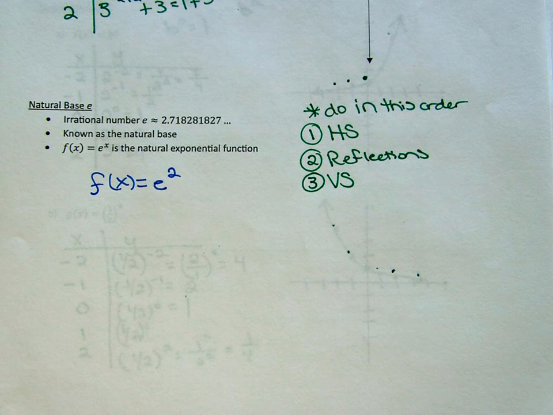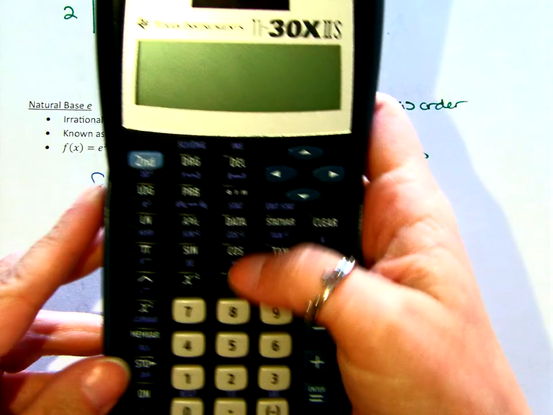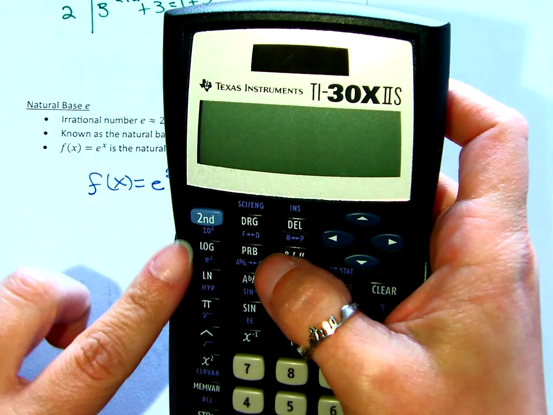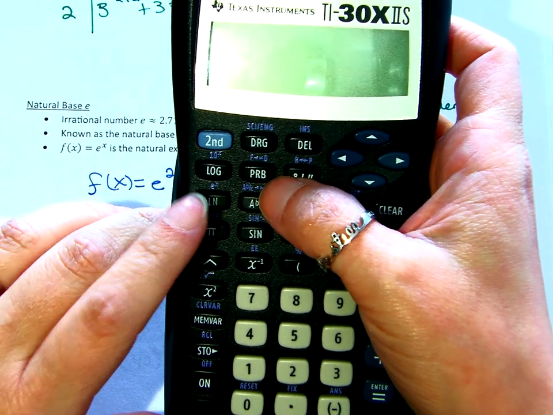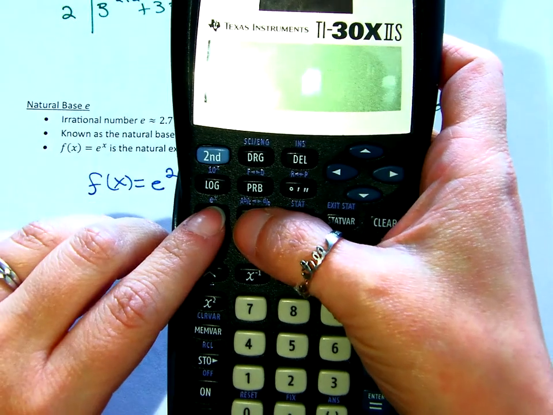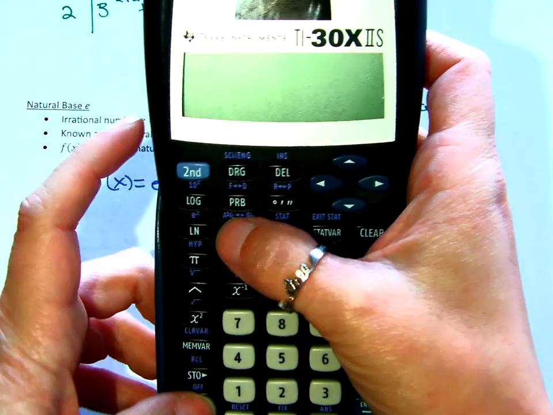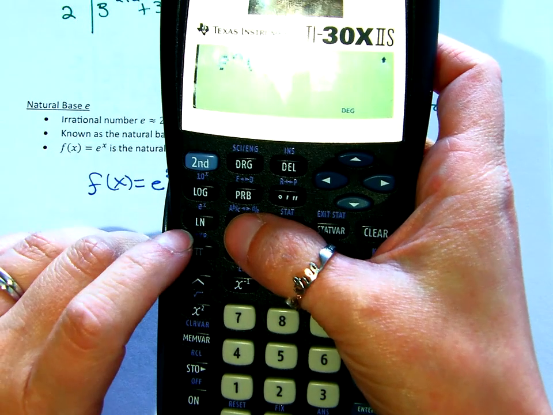So on your calculator, depending on what style you have, you will probably have an LN and a log button somewhere on here. Usually connected with the LN button or close to it is an e to the x button. And so on this calculator, I have to push second LN, which gives me an E caret and then a parenthesis.